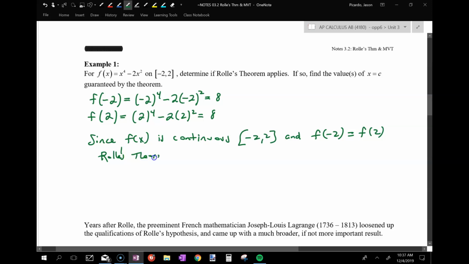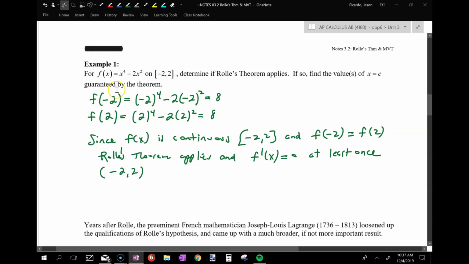Rolle's theorem applies. And f prime of x must equal 0 at least once on the open interval -2 to 2.